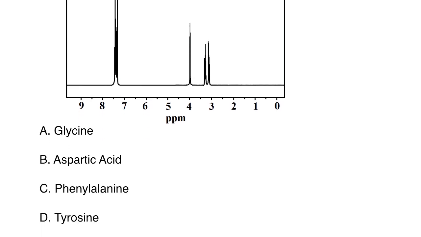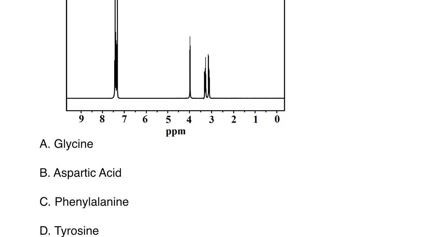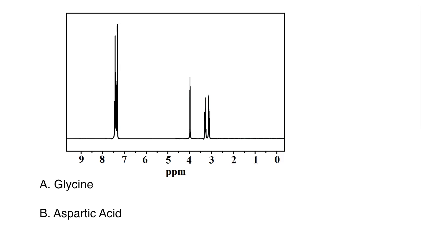So the options here are glycine, aspartic acid, phenylalanine, and tyrosine. So if you come up here and you analyze the proton NMR spectrum for whichever amino acid this is supposed to be, there is one very important region, and this is how you should go about trying to look at NMRs: seeing if you can see anything that really stands out and allows you to make an immediate conclusion.